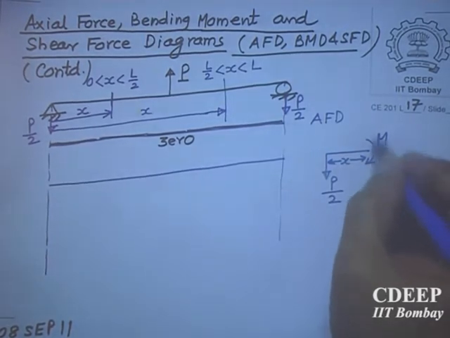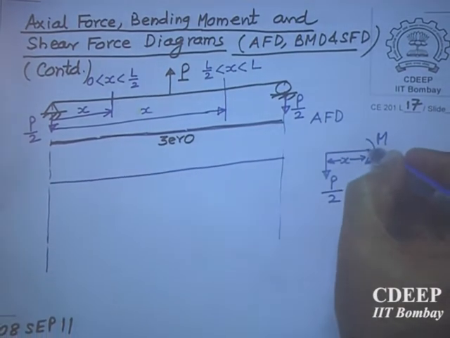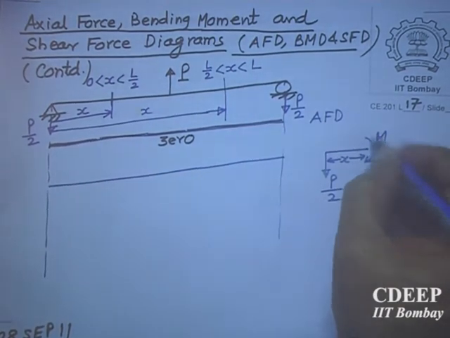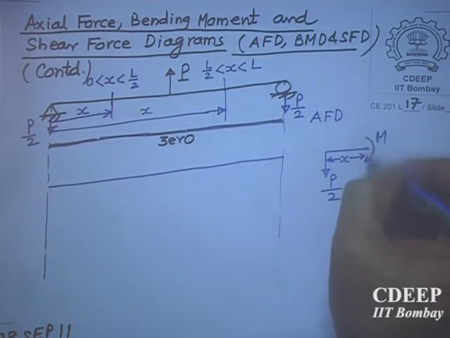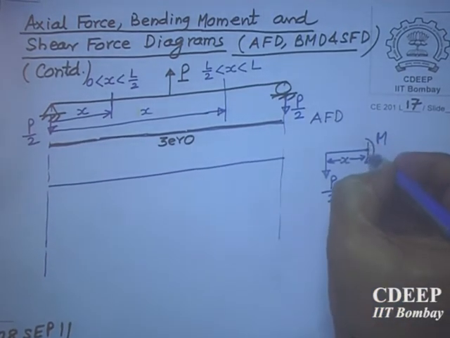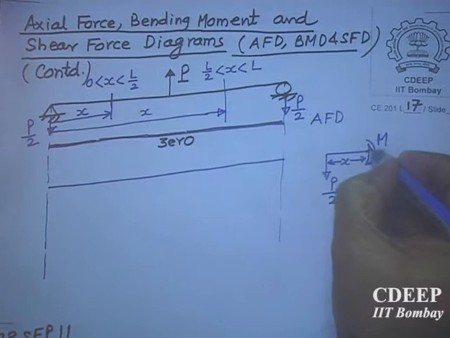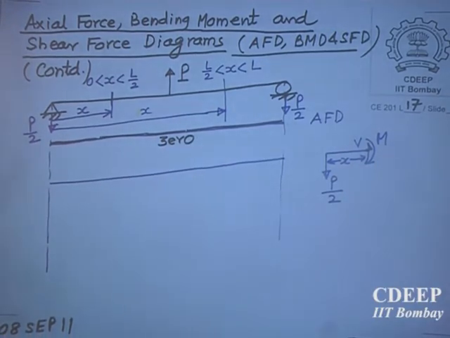There is also a shear force acting, but I have not shown it, because I am interested only in M, and I am going to take moment about this point, so the moment of that shear force will be 0. But actually on this cross section there has to be a V, a shear force.